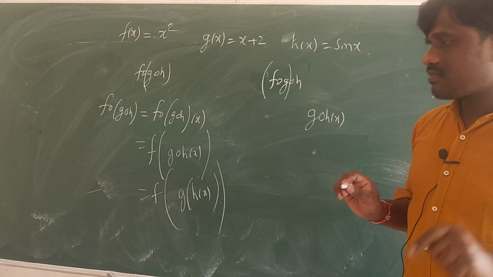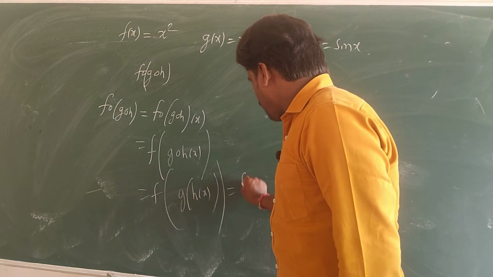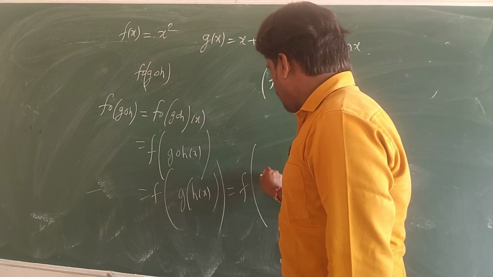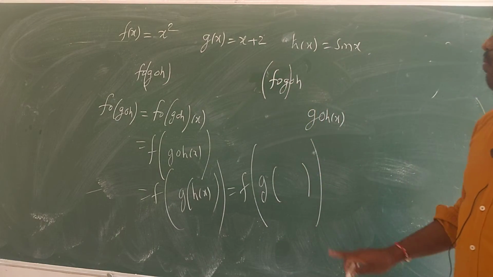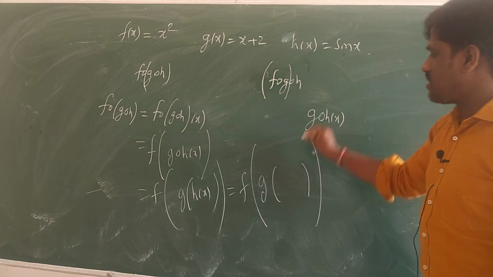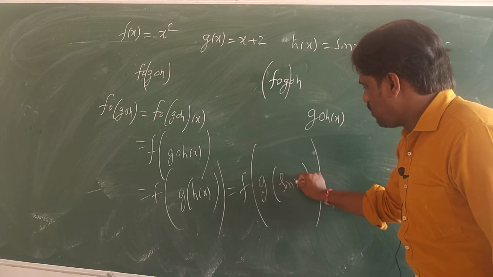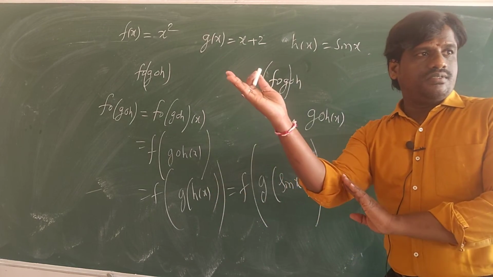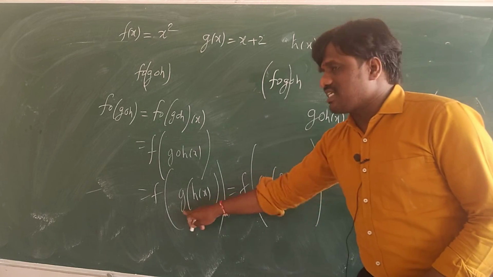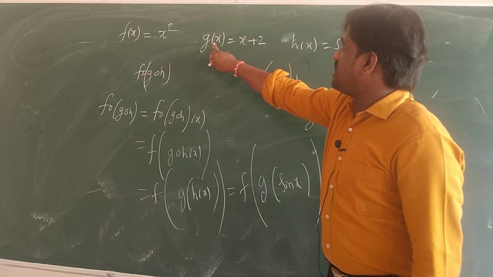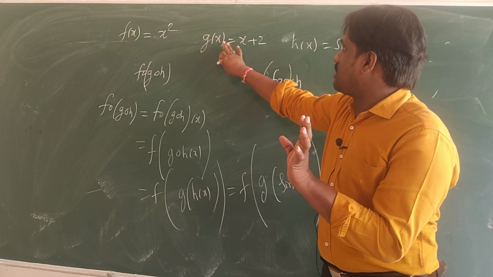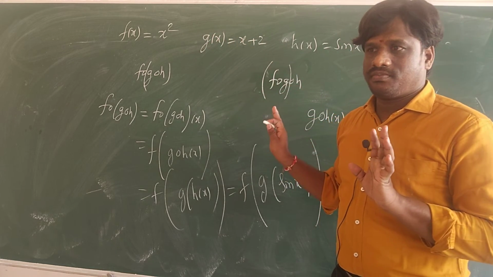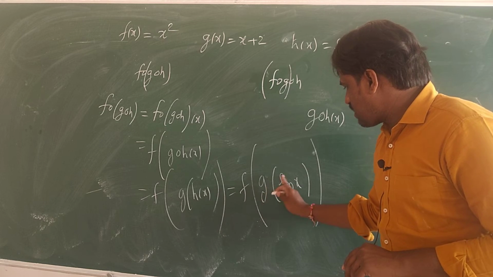Is it clear? Now what I do here: f of, I go inside, g of, I'll write what is h of x. What is h of x here? Sin x. So I'll write sin x. So h of x is gone. Now what is g of x here? G of something is equal to something plus 2. So g of something is what?